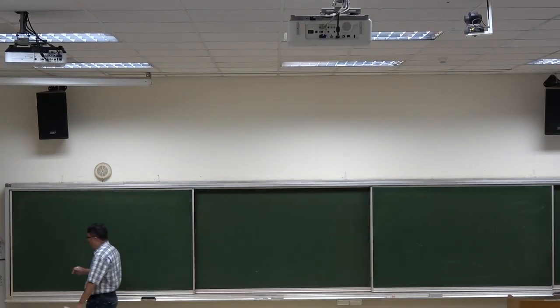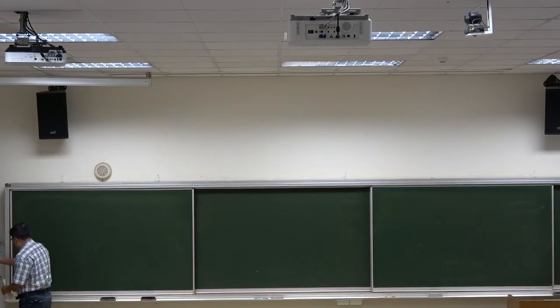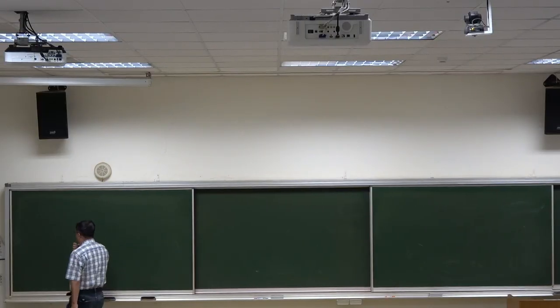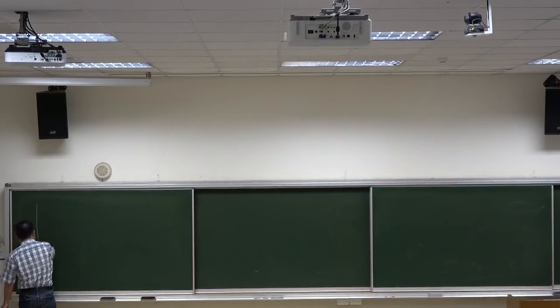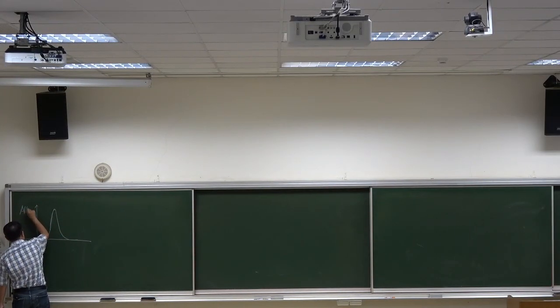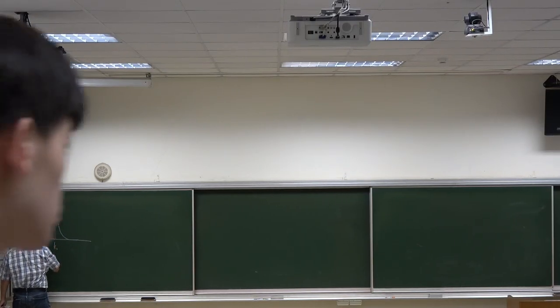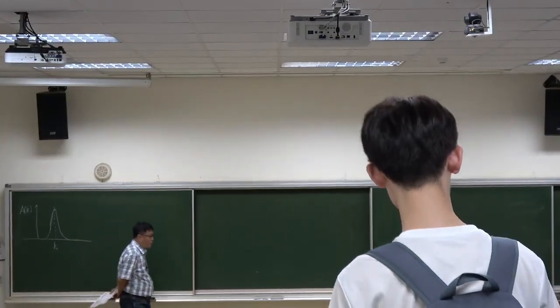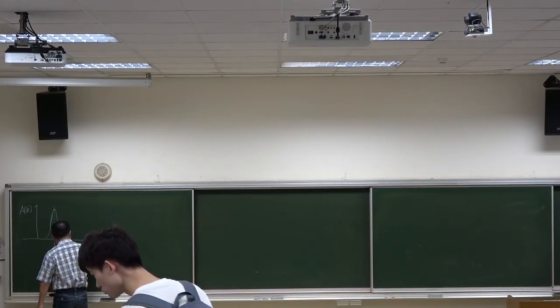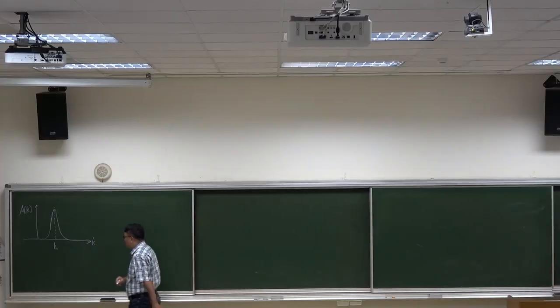So last week we talked about the propagation of a wave packet or pulse. It can be described by a given wave function, A(k), which is a distribution around the reference point k naught.